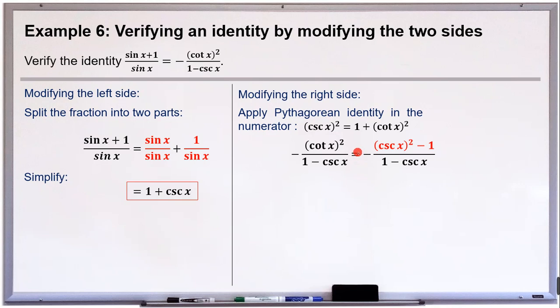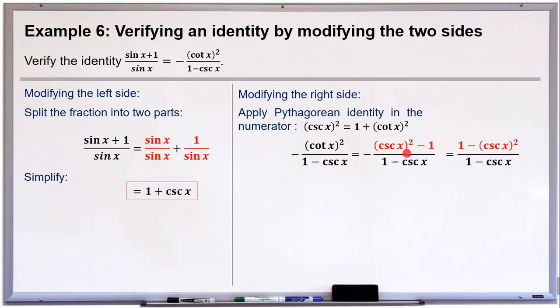I have just edited the assignment of the angle. Let's continue. On the right side, we have negative cotangent x squared over 1 minus cosecant x. Applying the Pythagorean identity for cotangent and cosecant, the cotangent x squared is equal to cosecant x squared minus 1.